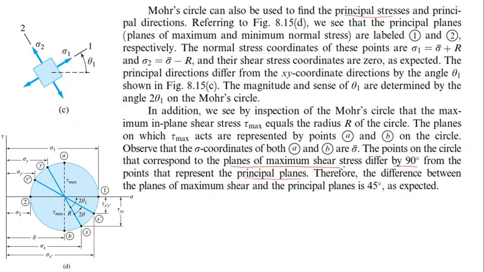Okay, so take note of this. Therefore, the difference between the planes of maximum shear and principal planes is 45 degrees.